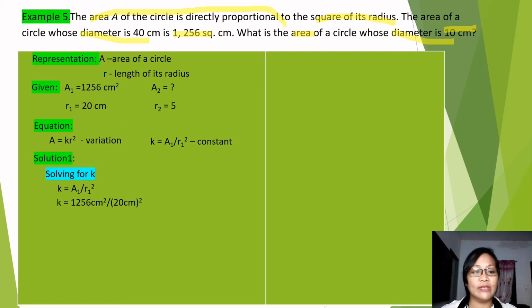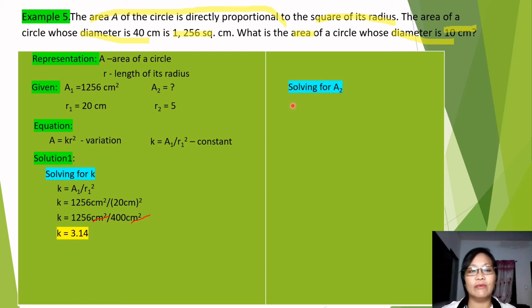We need to square the denominator first, so 20 times 20 is equal to 400. We cancel centimeters squared and centimeters squared. Now, 1,256 divided by 400, so we have K is equal to 3.14.